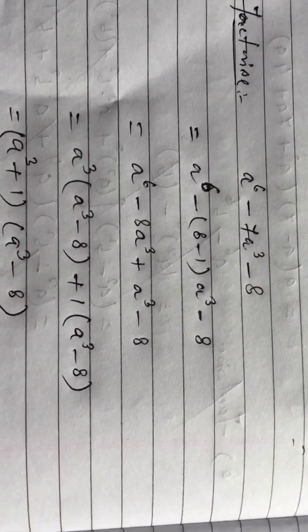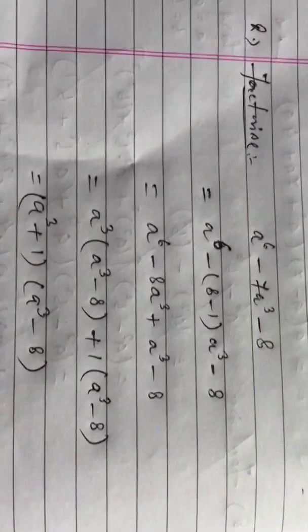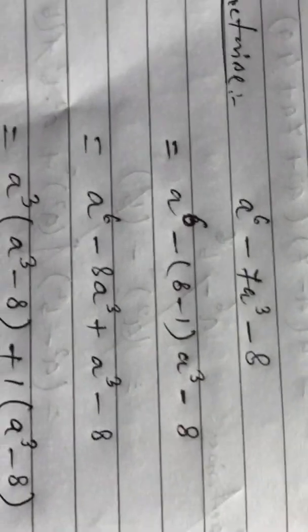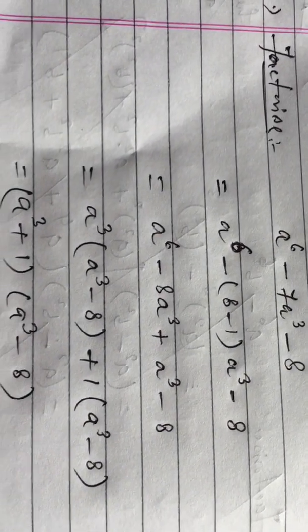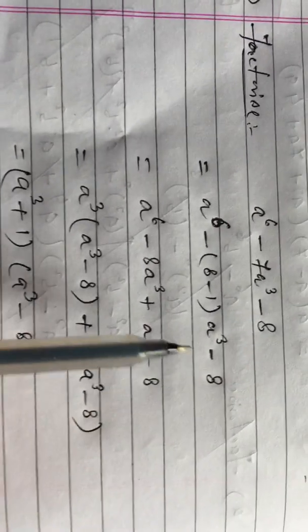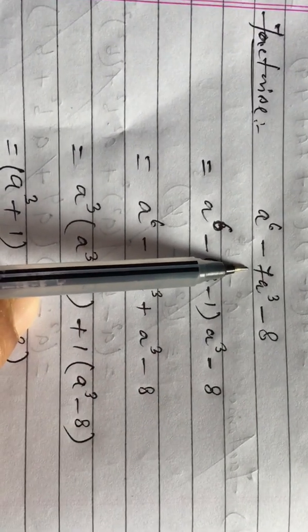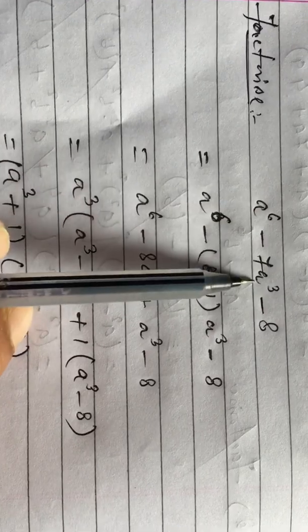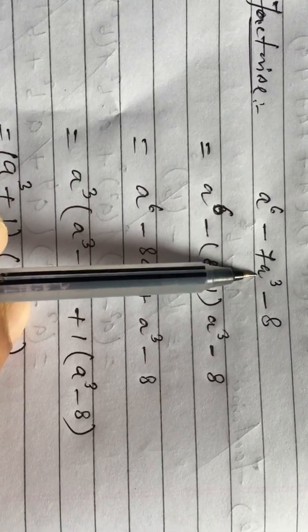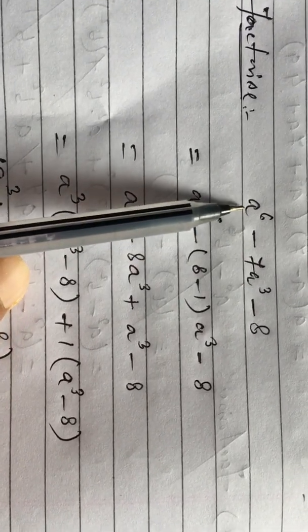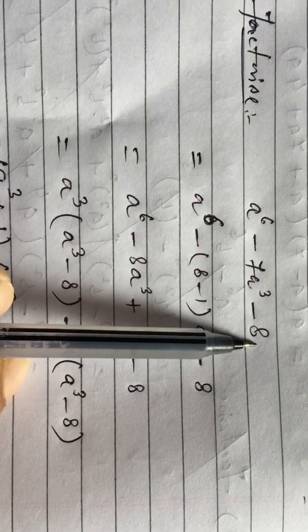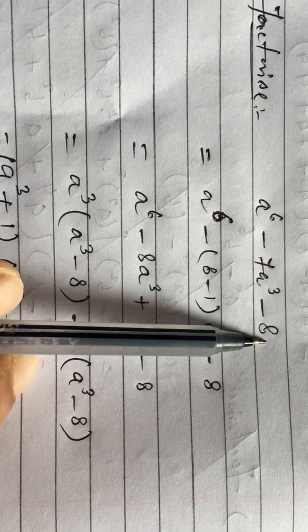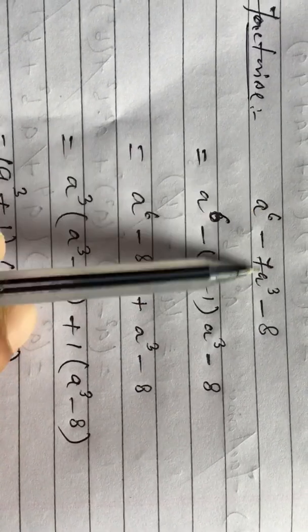Now see one more question based on cubes. Factorize a to the power 6 minus 7a cube minus 8. You can see here we cannot apply the cube formula directly. I think you can suppose it is related to type 3, factorization of trinomials, because 3 terms are there.